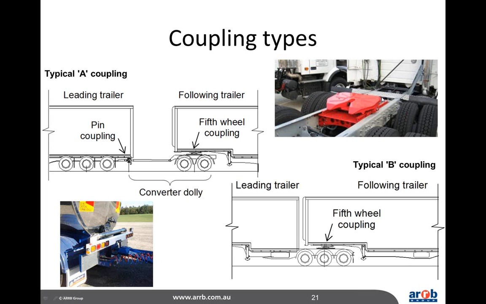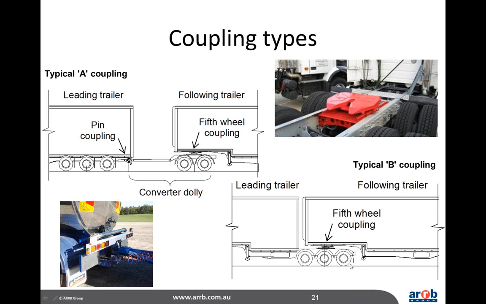A fifth wheel coupling like this, though, clamps the trailer coupling very firmly and ensures that roll is transferred through the coupling, and that means that if a trailer has a tendency to roll, then it can't roll very far without also pulling the prime mover or the previous trailer with it. And that certainly helps stability and aids with the high-speed manoeuvrability or high-speed safety of the vehicle.